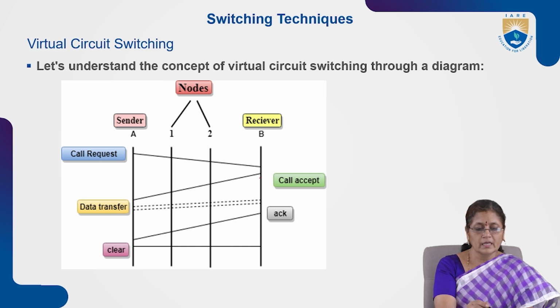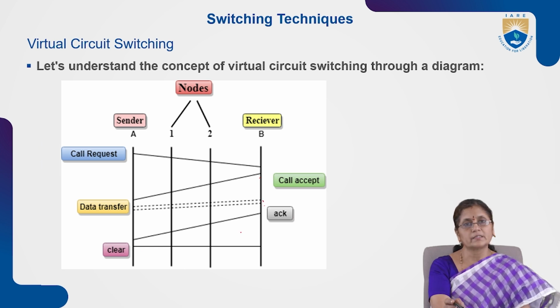So hence the sender is ready to transfer the data. When it wants to transfer the data, an acknowledgement is sent by the receiver. Afterwards, the sender will send the data, the transfer will take place, and then the receiver will send the acknowledgement.